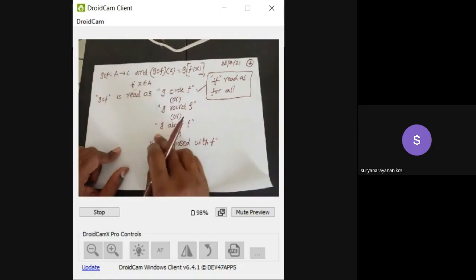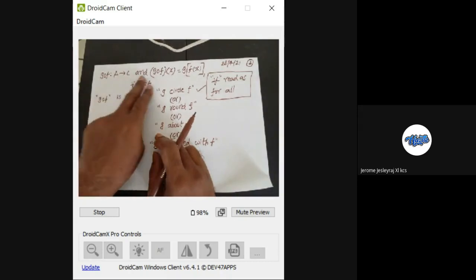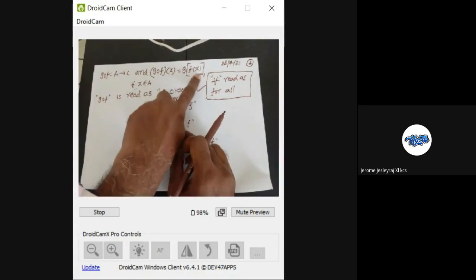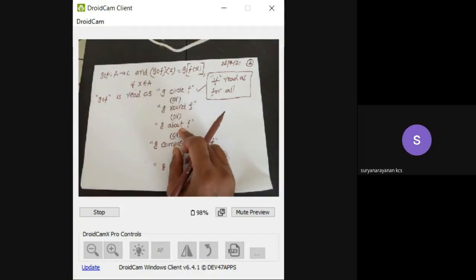Okay, sir. Hiram Jasliraj, read these two lines. G circle F is a mapping from A to C, and G circle F of X is equal to G of F of X for all X belongs to A. Very good, Hiram Jasliraj. Next, Staines Johnson, read these two lines. Yes, sir.